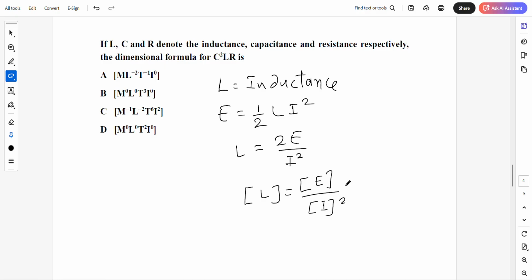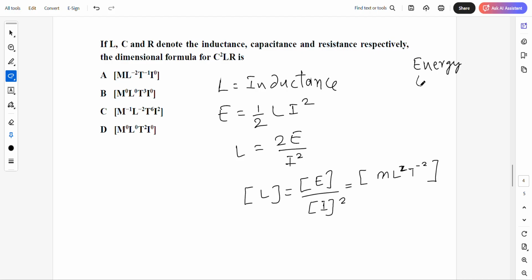Just now we calculated the dimension of work done. Work done is M L square T to the power of minus 2.